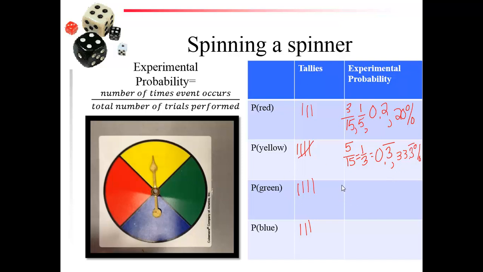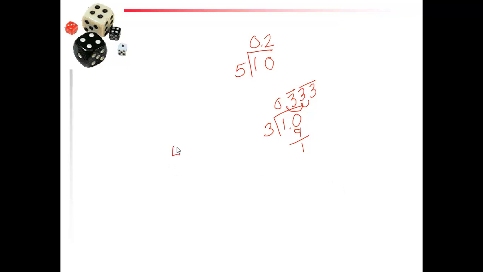All right, green. We had 4 times that we got green out of 15. I cannot simplify that, so let's turn that to a decimal. It would be 4 divided by 15. 15 can't go into 4, so I add my decimal and 0. 15 goes into 40 twice. That's 30, subtract, 10, add a decimal and a 0, bring it down.